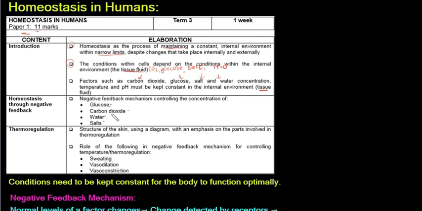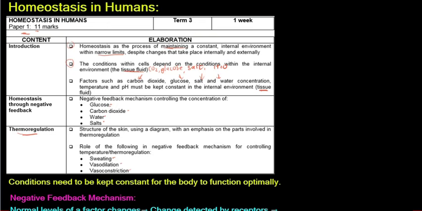So in this video we'll be looking at carbon dioxide, water, and salts, and then lastly we'll go over thermoregulation, which is the structure of the skin using a diagram that you should know, with an emphasis on the parts involved in thermoregulation. You also need to know the role of a negative feedback mechanism, and how sweating, vasodilation, and vasoconstriction play a role.